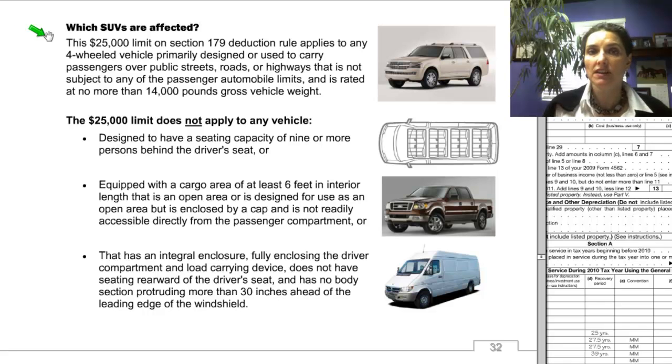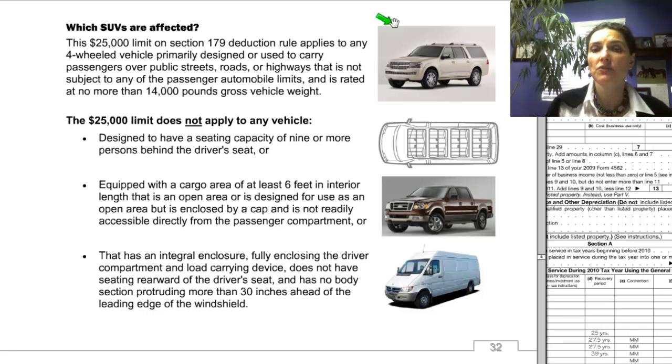Your depreciation deduction using MACRS depreciation tables or calculating depreciation using bonus depreciation methods is not affected. It's only the amount of Section 179 deduction that is affected, and that limit on the Section 179 deduction only impacts SUVs weighing more than 6,000 pounds that are not excepted types of vehicles.